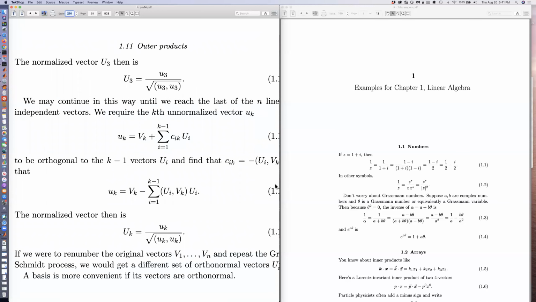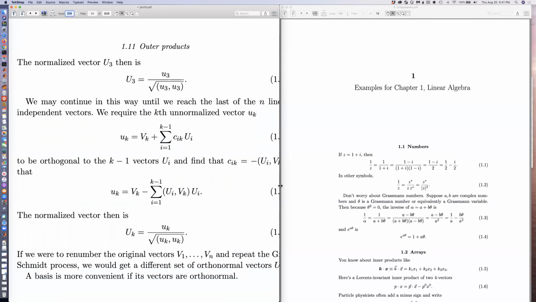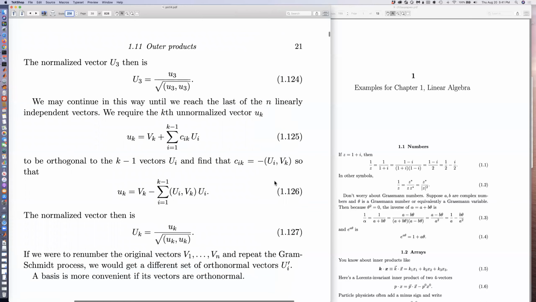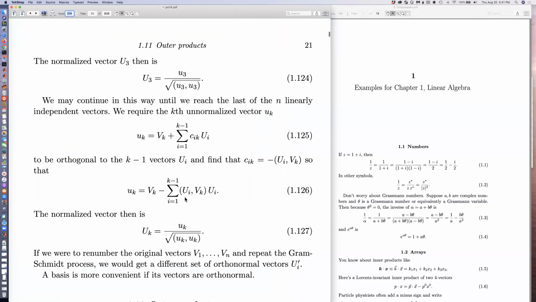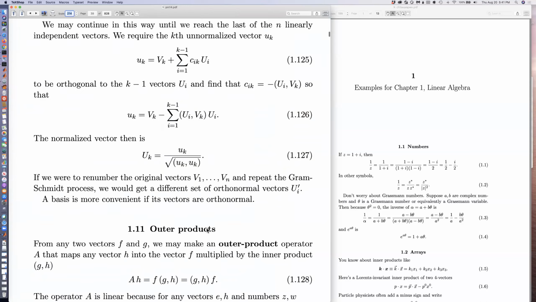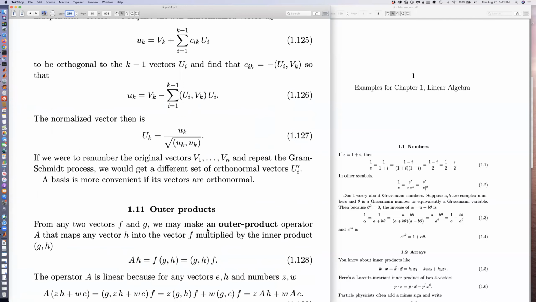Let me make this a little bit bigger. So the UK then has to be equal to this, and the normalized vector is that. And in that way, that's called the Gram-Schmidt process. There are other procedures also to orthonormalize a set of linearly independent vectors.